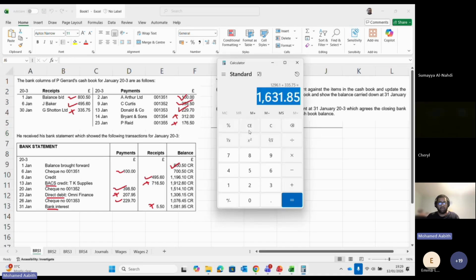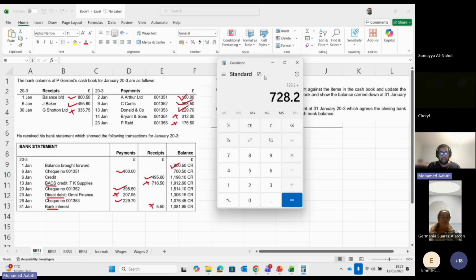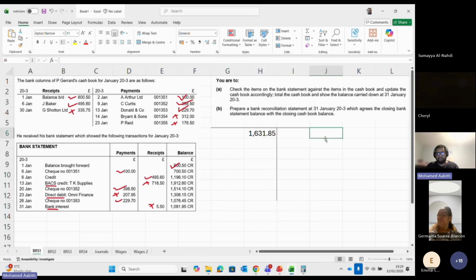Then the credit side was £100 plus 398.50 plus 229.70 plus 312 plus 176.50. So we have those two numbers there.